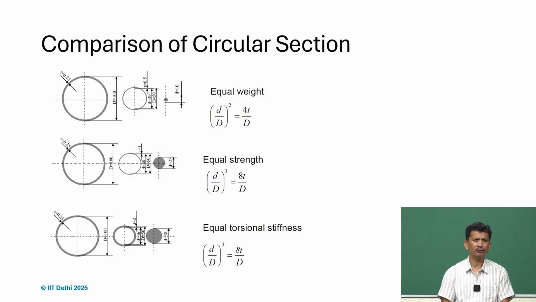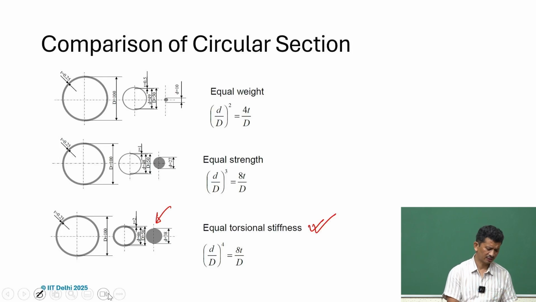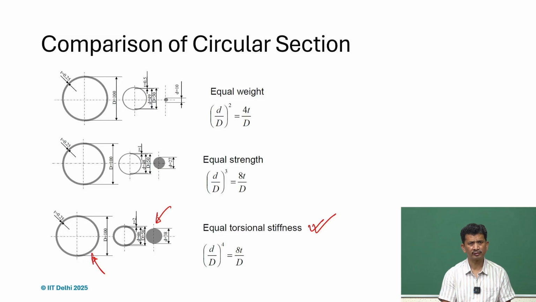If we put together and try to compare, what we realize is that in order to get the same stiffness, the solid shaft is quite big. Or we can also say that if we want equal torsional stiffness, it's always better to spread the material and take the thin tube, and that will give us the best result.